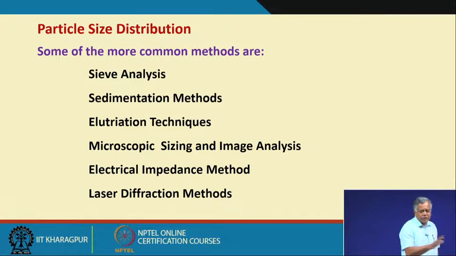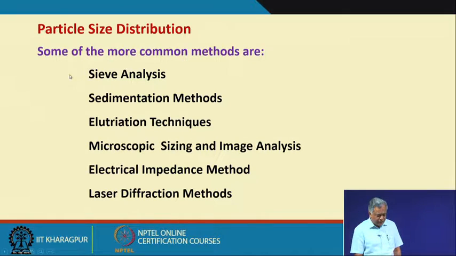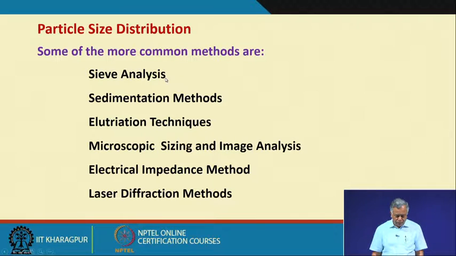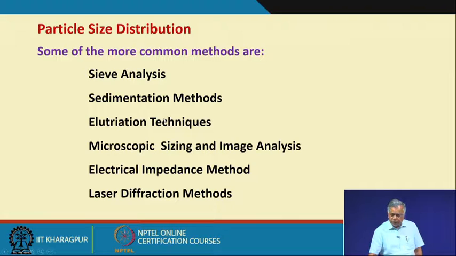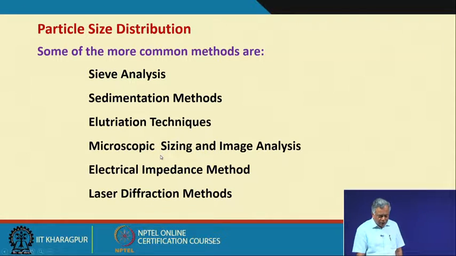Almost all the processing plants throughout the world use this technique. That is why we will discuss more on the sieve analysis. Then we have sedimentation methods, elutriation techniques, microscopic sizing and image analysis, the electrical impedance method, and we have already talked about laser diffraction methods.